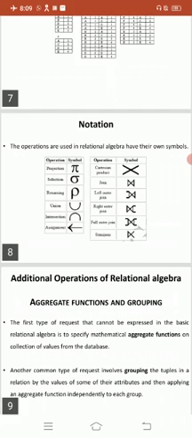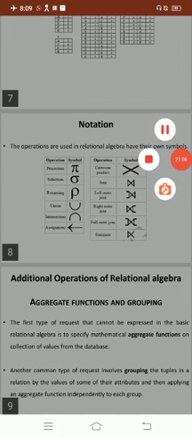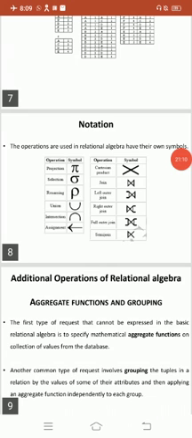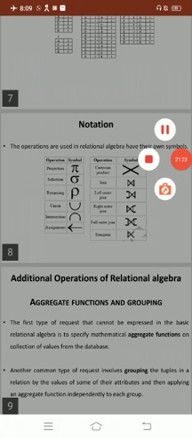So in additional relational operations, we have two: aggregate functions and grouping.